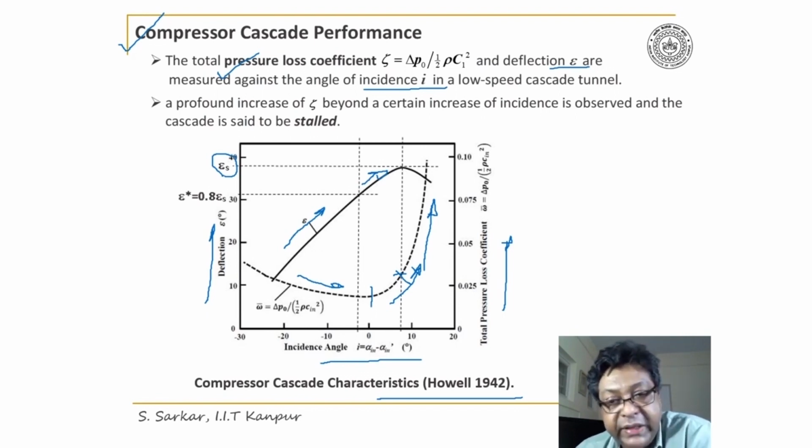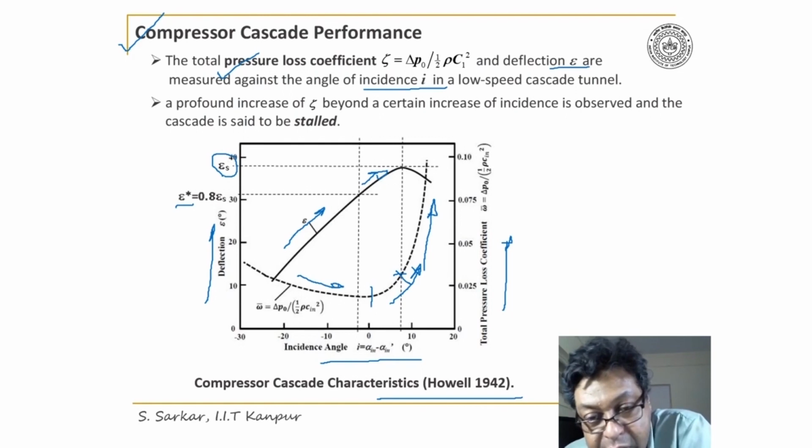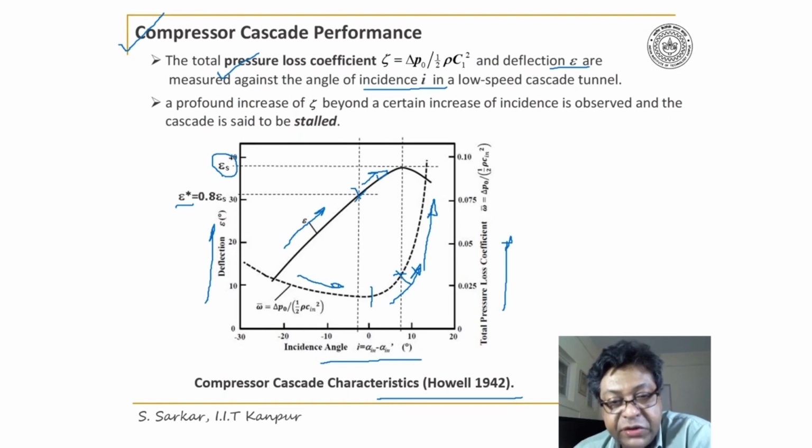So I have defined the stall point, and another point I like to define here is called the nominal condition, epsilon star, which is defined as 0.8 of epsilon s. Suppose it is here. This is called the nominal condition. At this condition, a cascade is designed so that we can get some reasonable operating range.